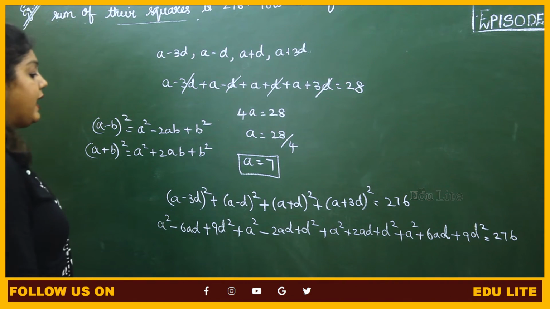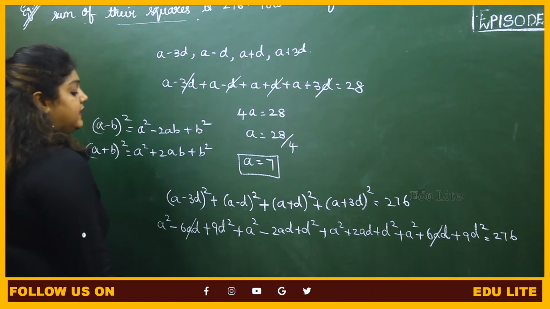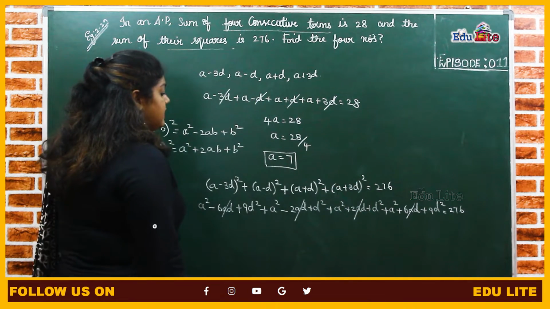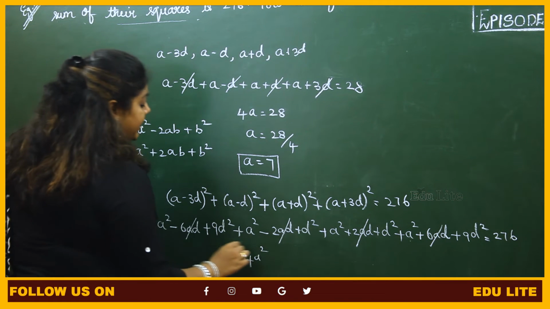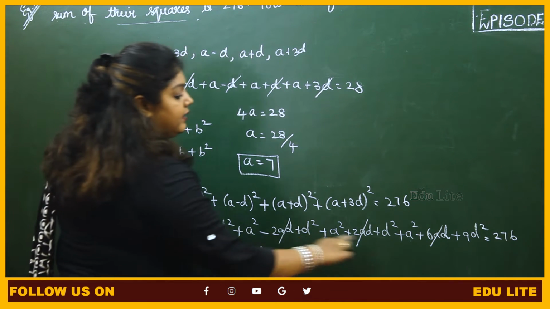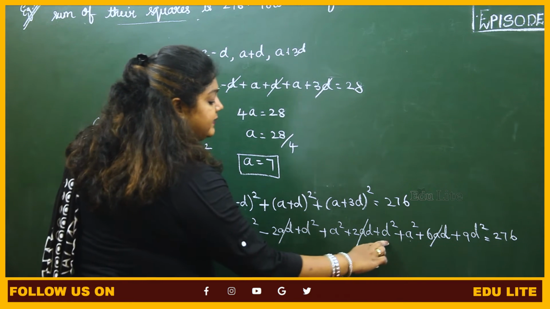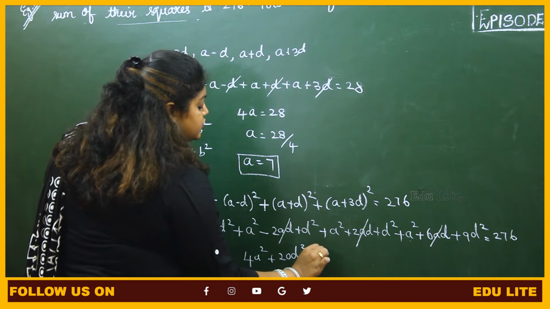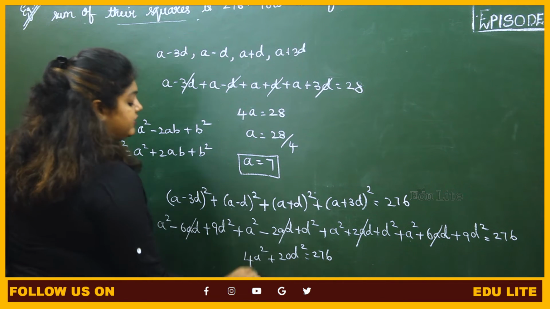Now minus 6ad and plus 6ad get cancelled. Minus 2ad and plus 2ad get cancelled. So a squared is 4 times, so 4a squared. 9d squared plus 9d squared is 18d squared, plus d squared plus d squared, 18 plus 2 is 20. So 20d squared plus 4a squared equals 276. Next, we know the value of a, which we already found.